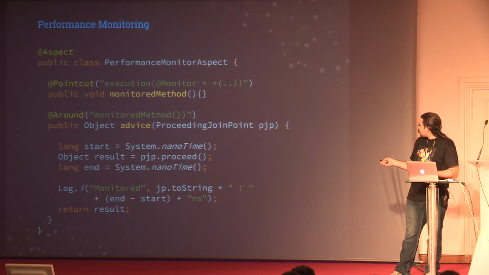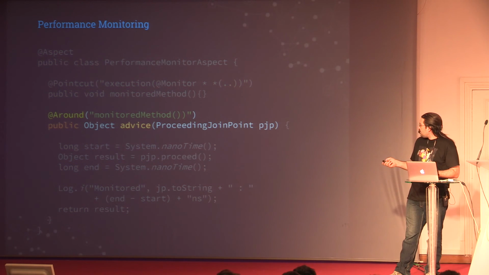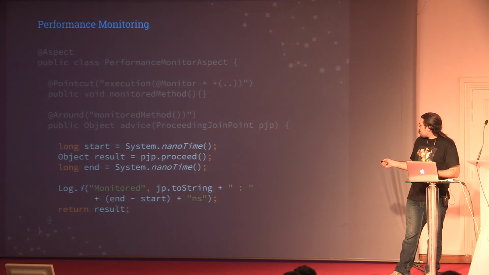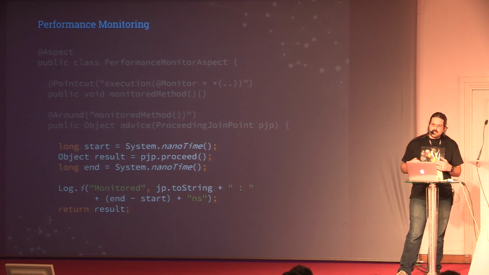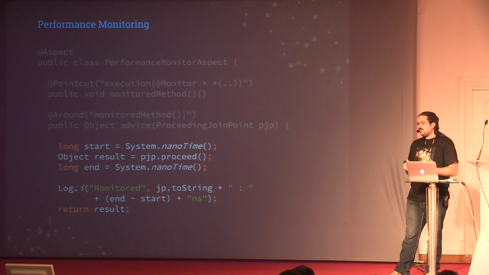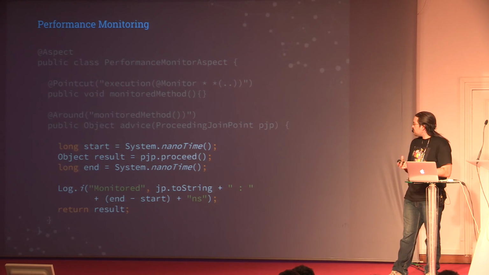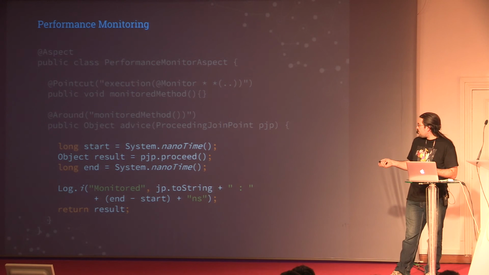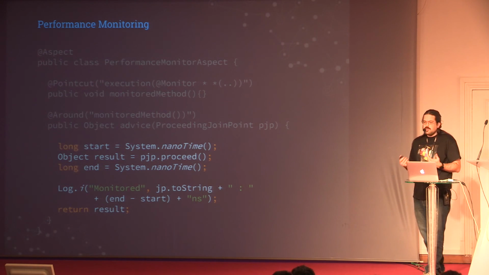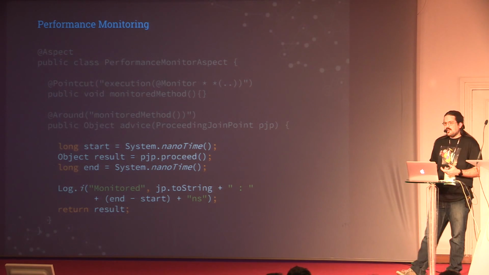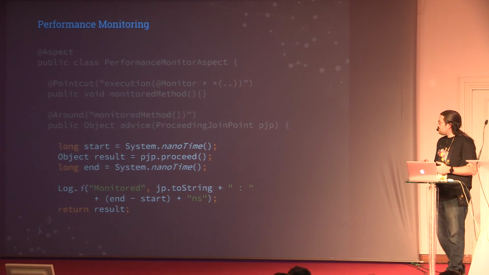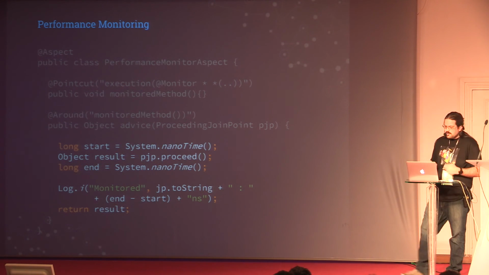So when we get there, we get a ProceedingJoinPoint. And on this join point, we can use proceed, which will actually run the method that has been weaved. So what I do is just get the time before I run it, get the time after I run it, and for now just use a log to know how much time I spent inside the method. So it can be useful to add some performance monitoring on anything.